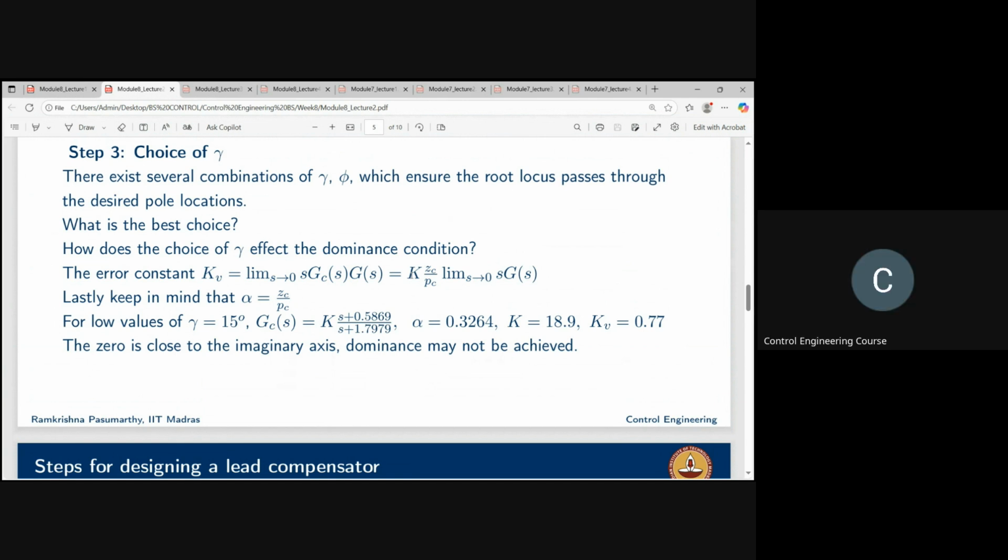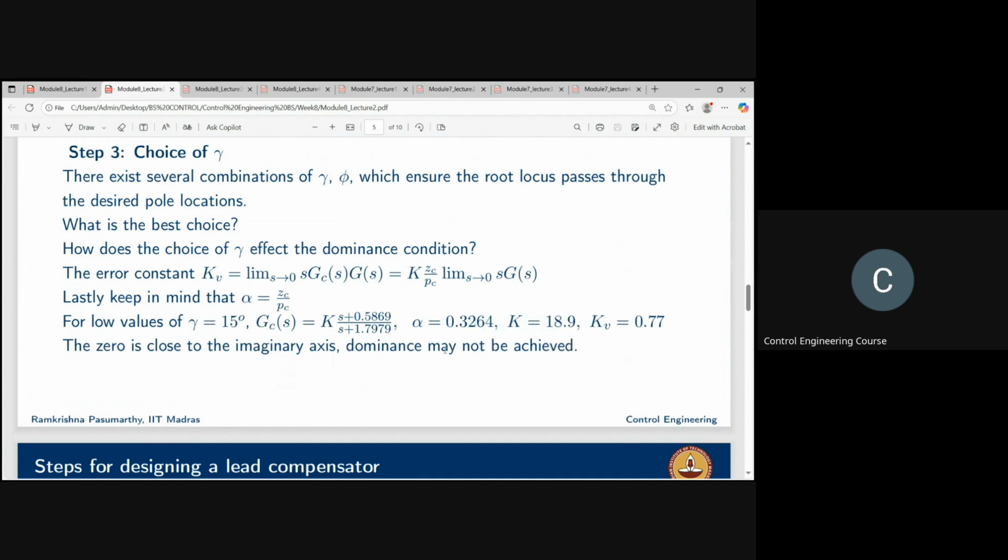And then what you do is, for low values of alpha, which will translate to low values of gamma, if you choose a gamma of 15 degree, let's say, alpha turns out to be 0.32, which is less than 1, and K is 18.7.